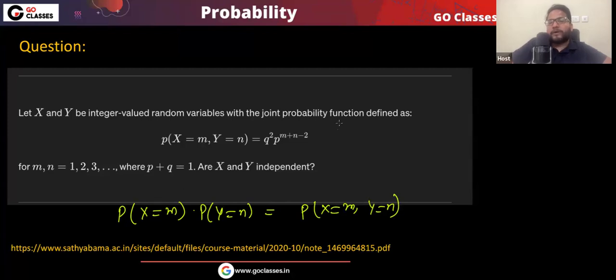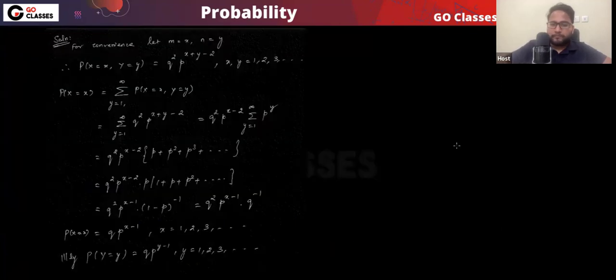Now here you need to find out the probability of x equal to m first. Let's suppose these are infinite. N could range to infinity. So how to find out the probability of x equal to m?